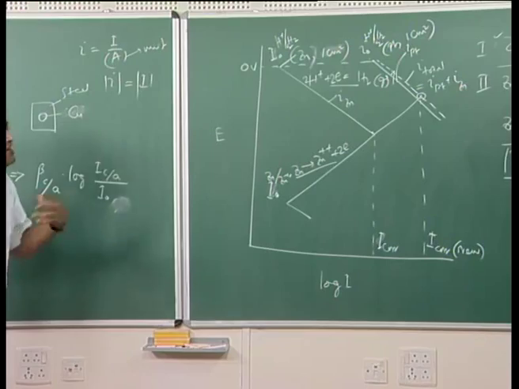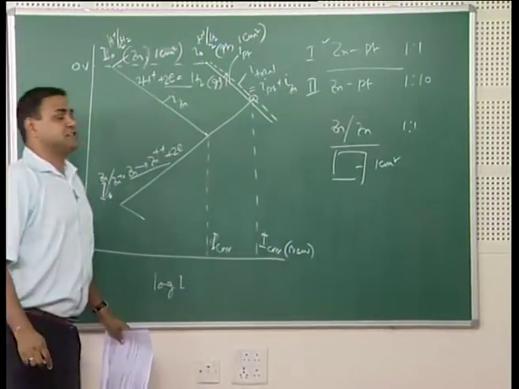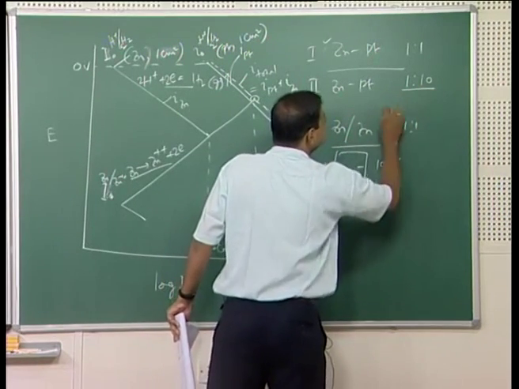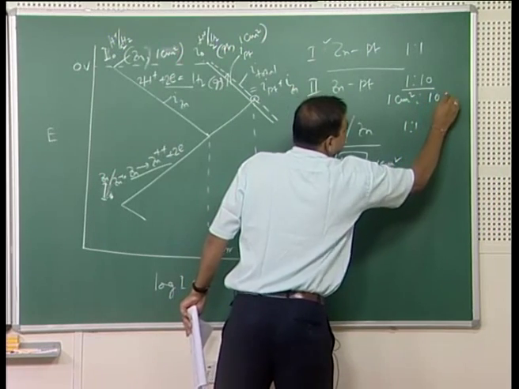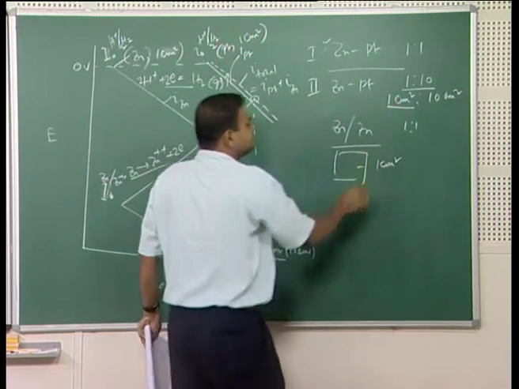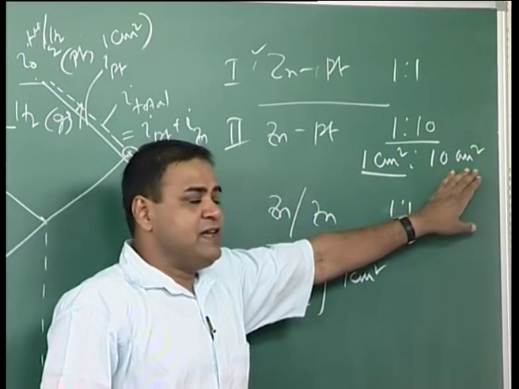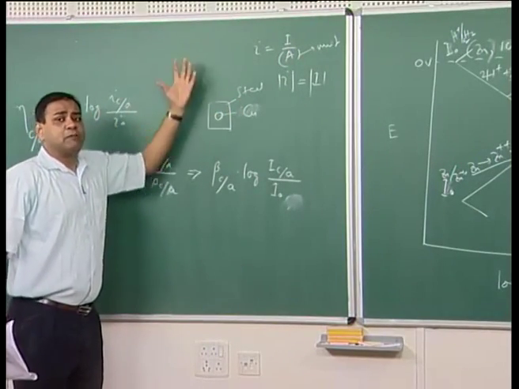Now, the situation would be a little complicated, because the area fractions are changing. The area fractions would be 1 centimeter square to 10 centimeter square. If you are taking the zinc surface to be 1 centimeter square, then the platinum surface should be taken as 10 centimeter square, and now you see the direct correlation with the steel rivet and copper plate.